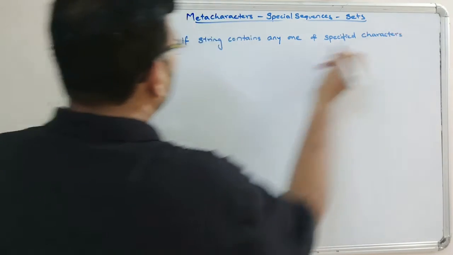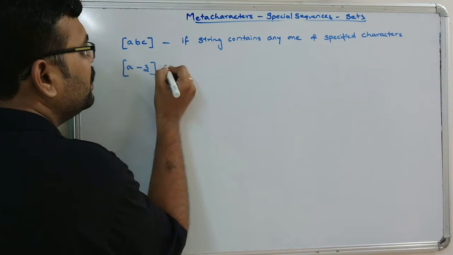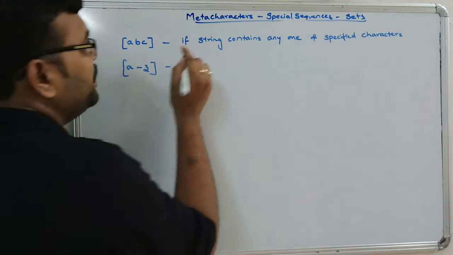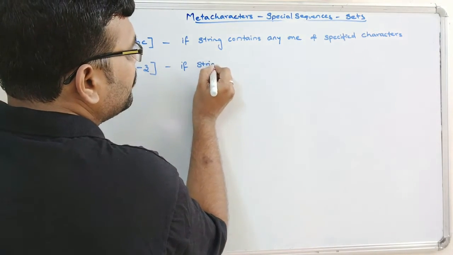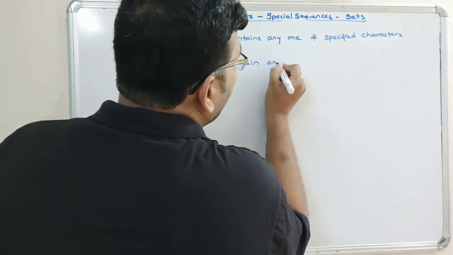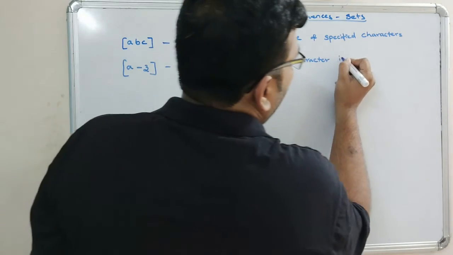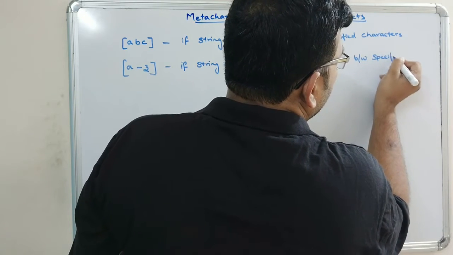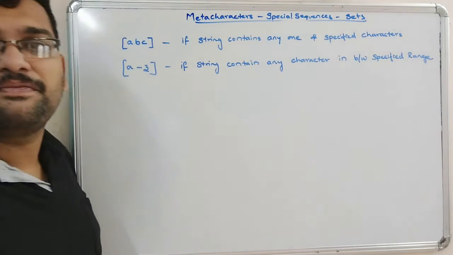Similarly, we can give the range, A to Z. That means A hyphen Z. That means it returns a match if the string contains any character in between the specified range.